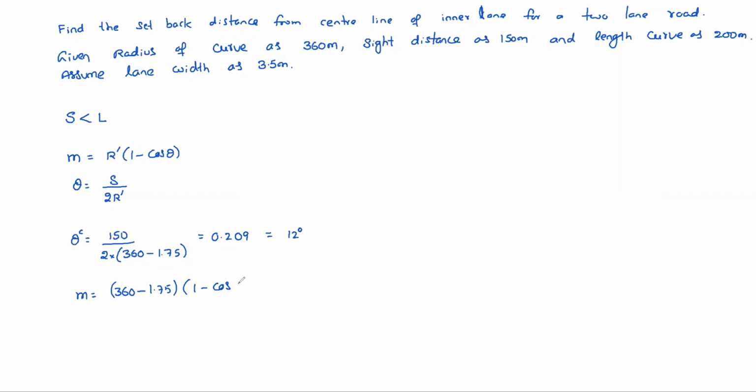Anything can be substituted. Suppose if you want to substitute in degrees, put the calculator in degrees mode. 360 minus 1.75 into (1 minus cos 12 degrees) gives 7.83 meters. Okay.